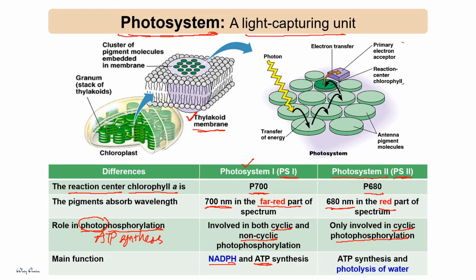Photosystem 2 is also able to produce ATP, but it does not produce NADPH. It shows another significant process, which is photolysis of water. That means the water molecule is split by light energy.